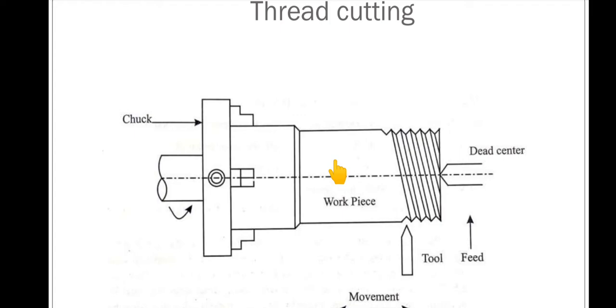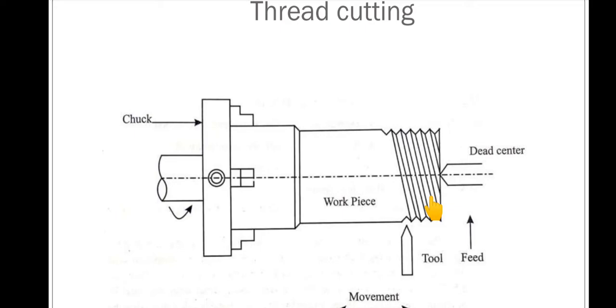Thread cutting will not be done in a single pass. It will be carried out in many passes with incremental depth. At a single pass we cannot get the complete thread. So we need to remove the material on the surface step by step.